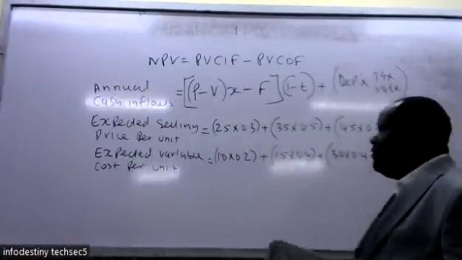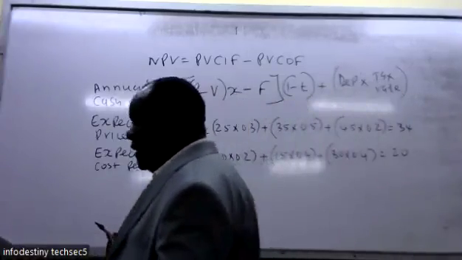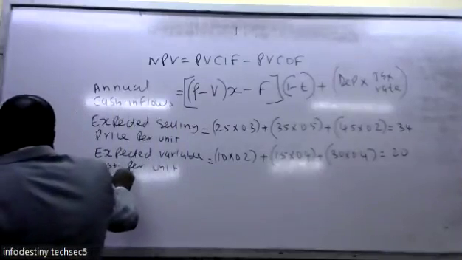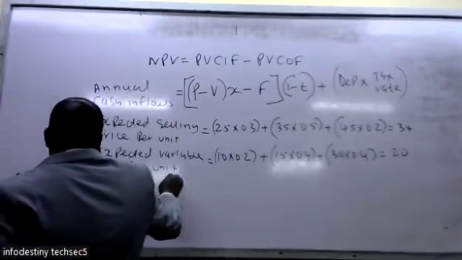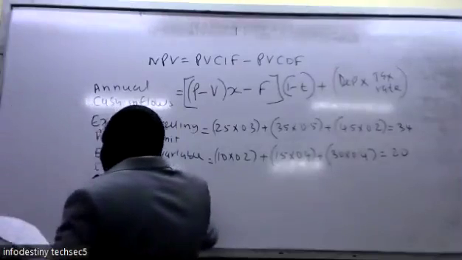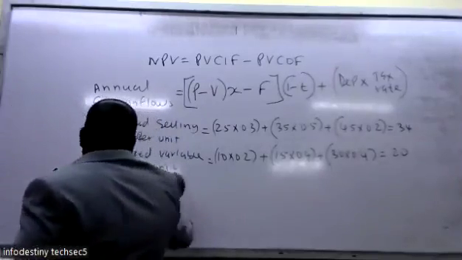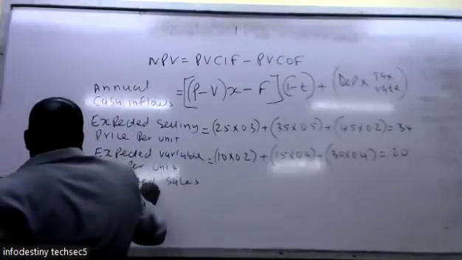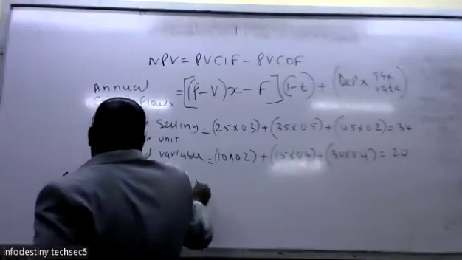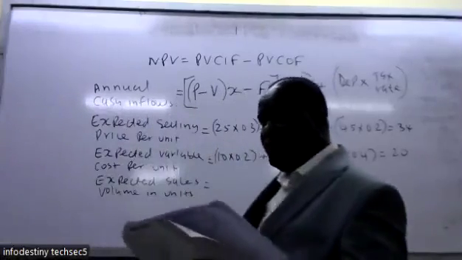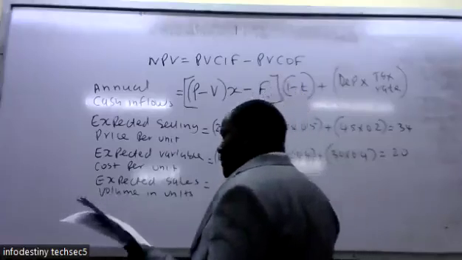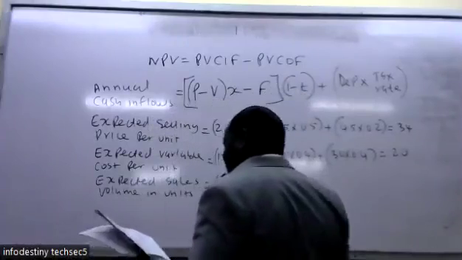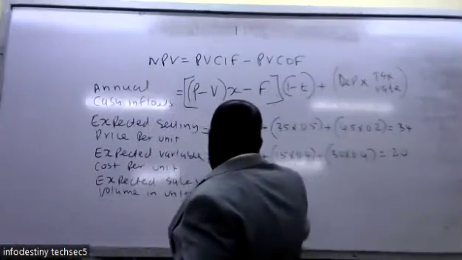So we also calculate the expected sales volume in units. Whereby you take 4.5 million multiplied by 0.3.